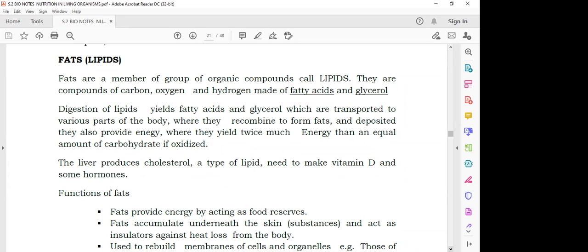We have said amino acids are the building blocks of proteins. So any protein food has amino acids. From the food we eat, we get amino acids, from protein foods, because proteins are built from different amino acids.